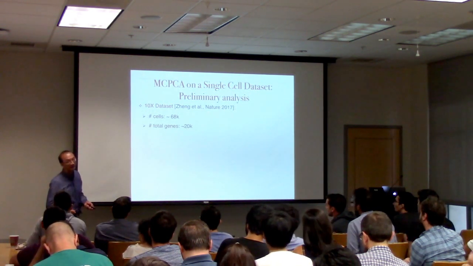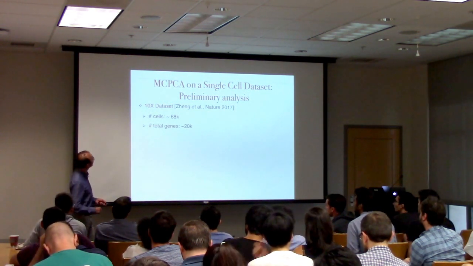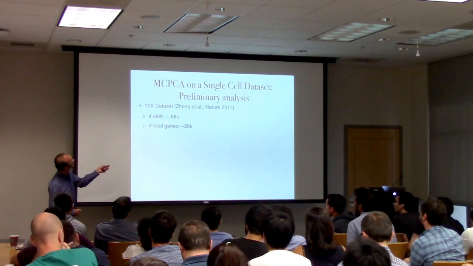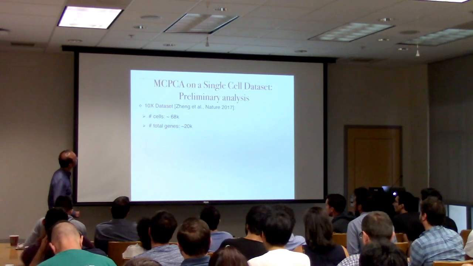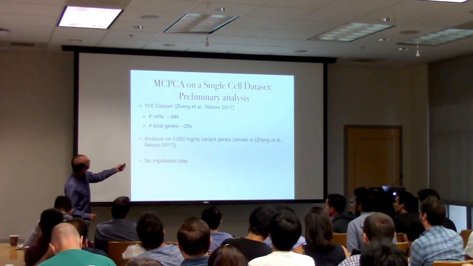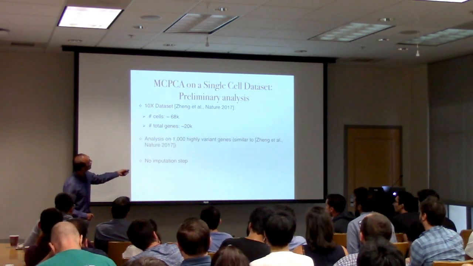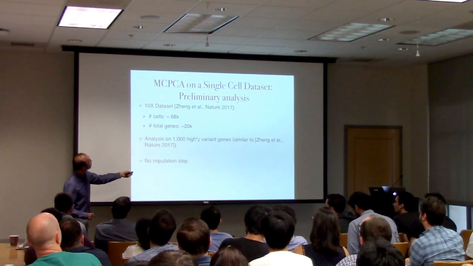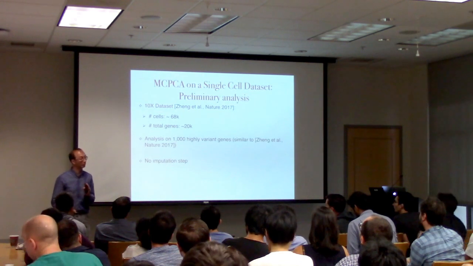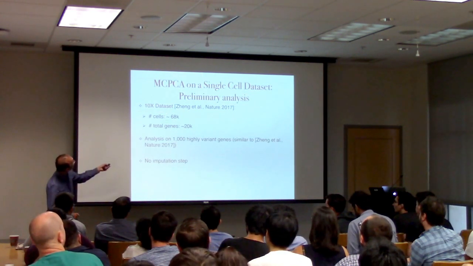This is a 10x data set in Nature 2017. There are 68K cells and 20K total number of genes. We picked out 1,000 highly variant genes, similar to that paper. So now we have P equals 1,000 genes, and data 68K.